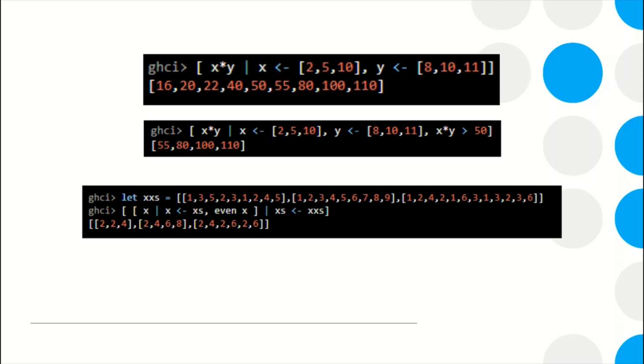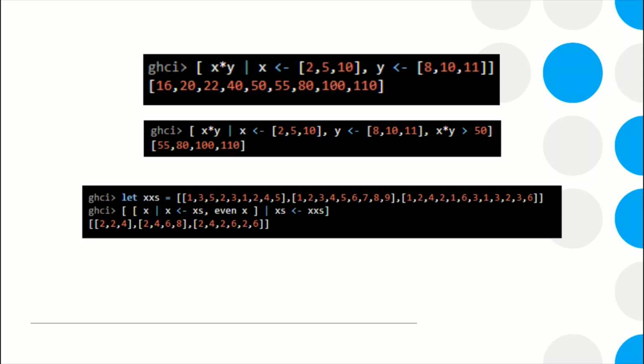So what is going on is that we are multiplying 2 by 8, 2 multiplied by 10, 2 multiplied by 11, then we have 5 multiplied by 8, 5 multiplied by 10 and 5 multiplied by 11 and so on. In the other example we have the same expression, but we have a predicate that says it's going to return all values that are bigger than 50. So we have 55, 80, 100 and 100.